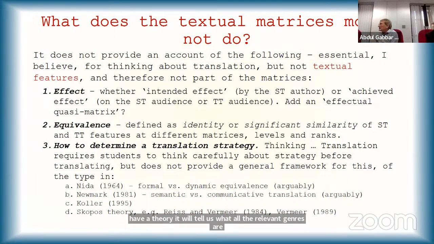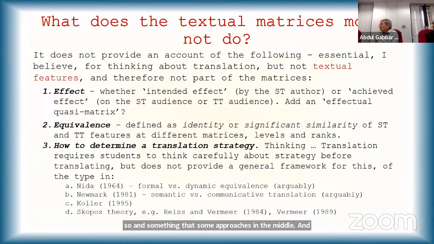And I think again with how do you determine a translation strategy? Maybe some people would say, well, we simply need to look at each translation and think about it. And other people might say, actually, I have a complete model for how we can determine translation strategy. Or you could have something in the middle. So really, those are my ideas, my thoughts about that.